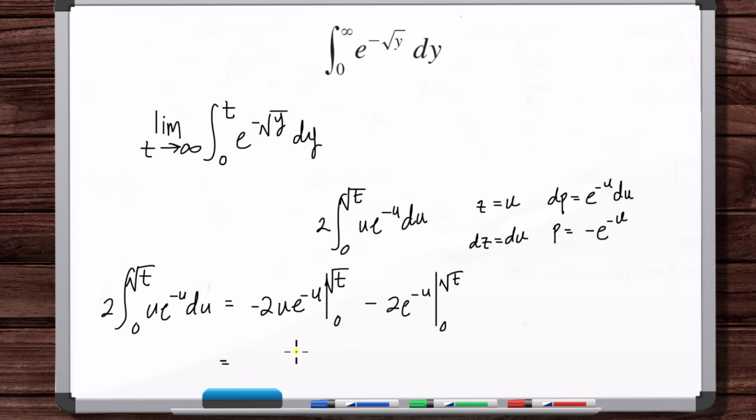Okay, so we've got minus 2 root t e to the minus root t, and then plugging in 0, that goes to 0, minus 2, and then e to the minus root t minus 1.